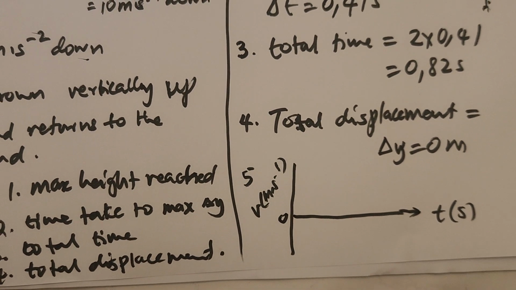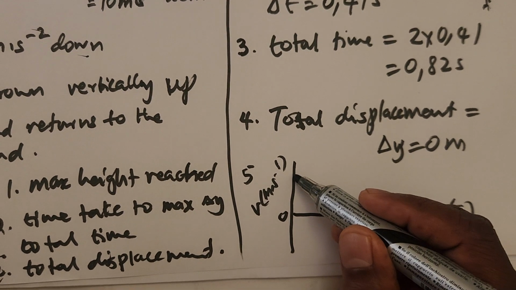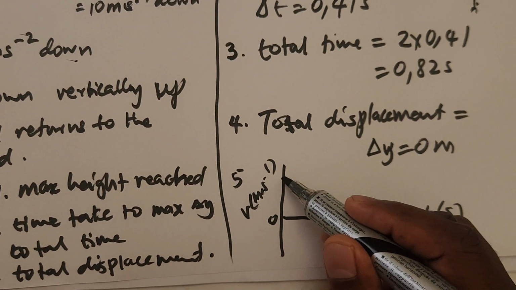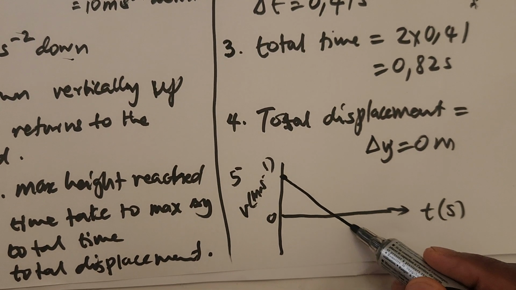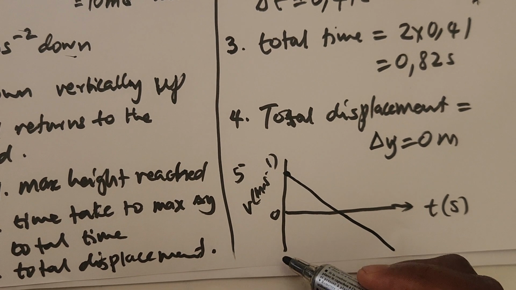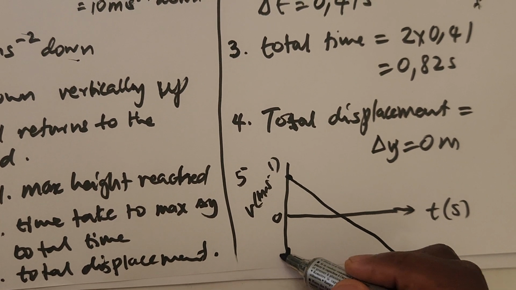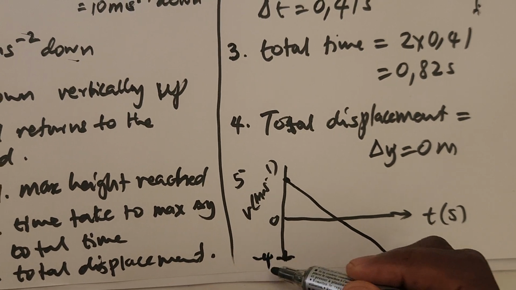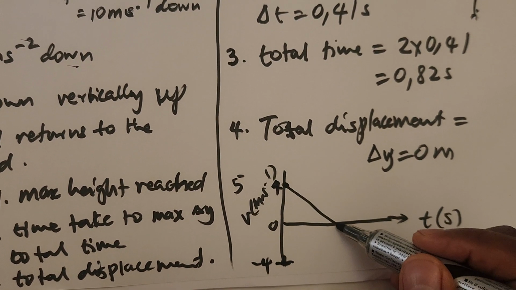If we take upward as positive, we'll start from positive 4 and finish at negative 4. So we'll finish somewhere here at negative 4.